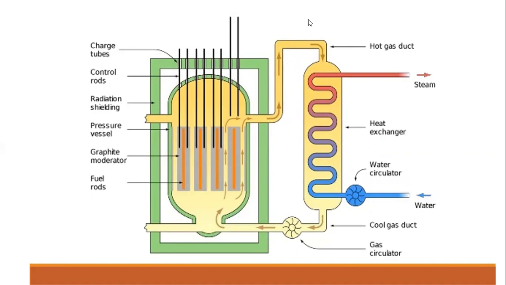This is the water inlet, and by using this water and the hot flue gases, it will be converted into steam. This total is the heat exchanger. Cool gas ducts and gas circulates.